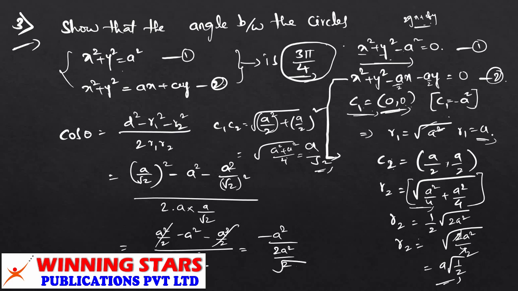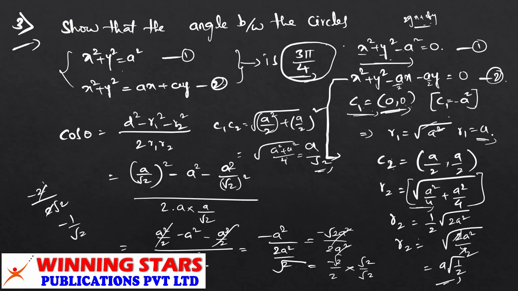The root 2 goes upside, so it becomes minus 2 root a square divided by 2a square. The a square gets cancelled, and by cross multiplication it becomes minus 2 divided by 2 root 2. The 2 and 2 get cancelled, and we get minus 1 by root 2.